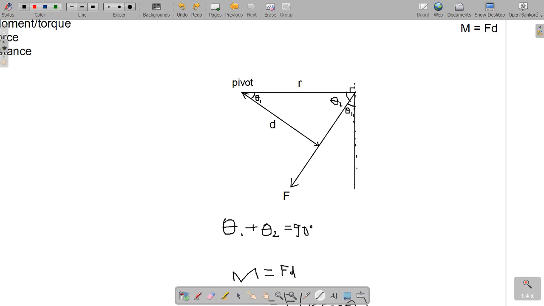Okay, let me use blue. I'll resolve it into two components. One is perpendicular to r, the other is parallel to r.